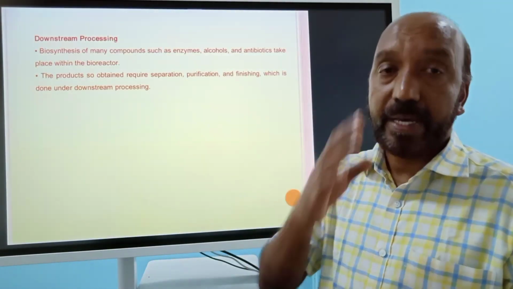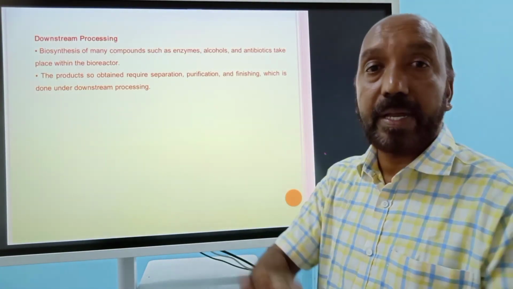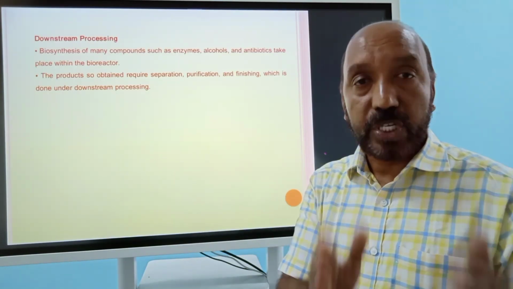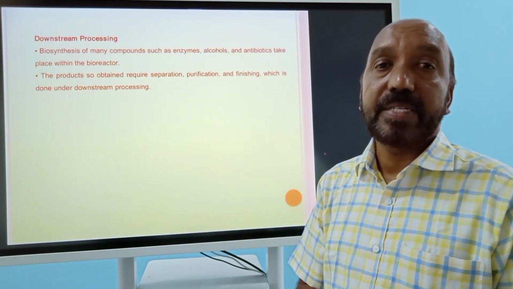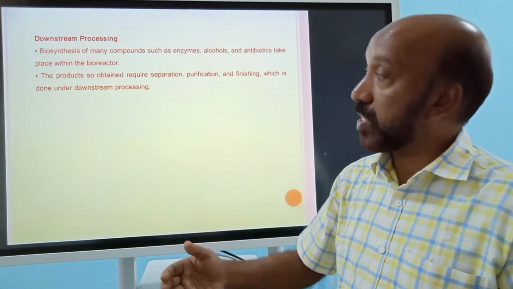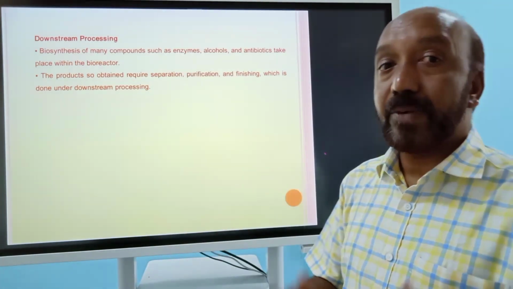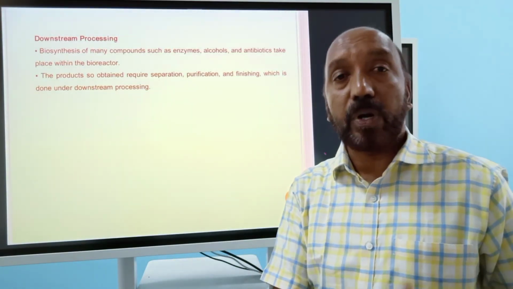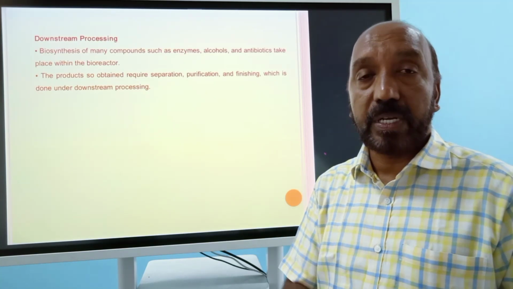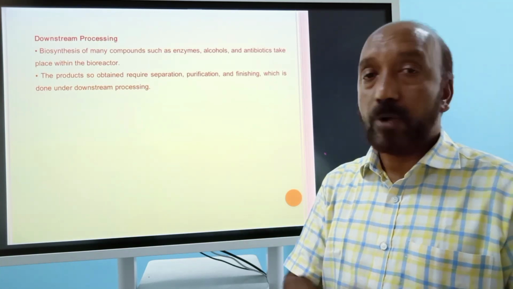After that, the product cannot be sent directly to the market, and there should be some further processing. The purification and finishing work will be different from product to product. For example, a therapeutic product, used in the field of treatment, cannot be sent directly.